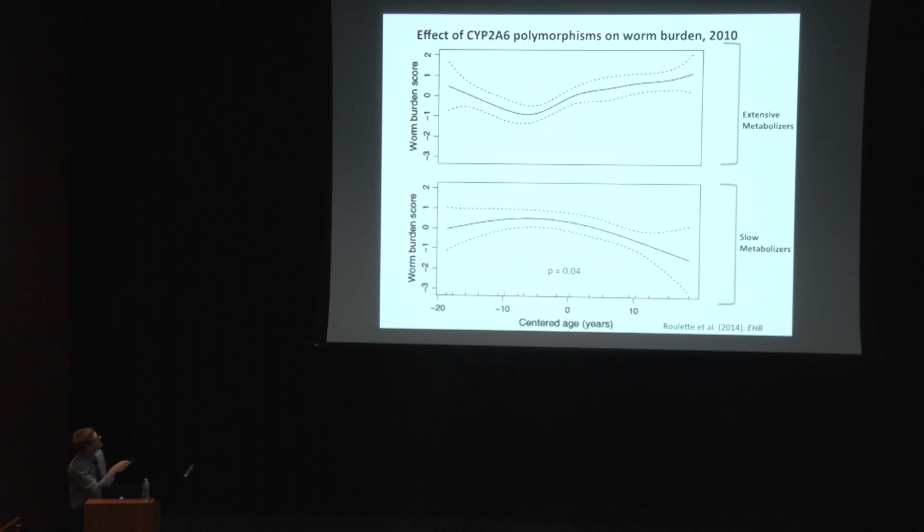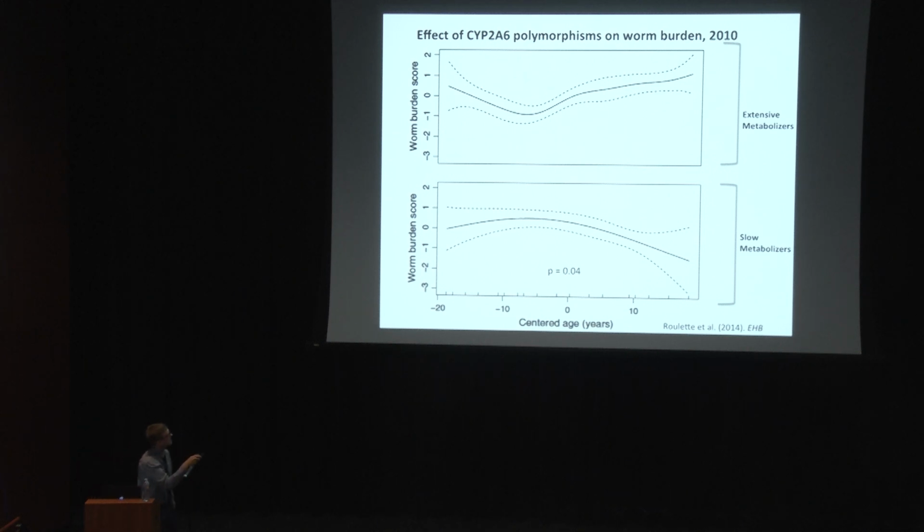This is slow metabolizers, and this is extensive metabolizers. And you have to compare them, but in these middle ages, not at young ages and not at older ages, but in the middle ages of our sample, those that were slow metabolizers had fewer worm burden relative to the extensive metabolizers.